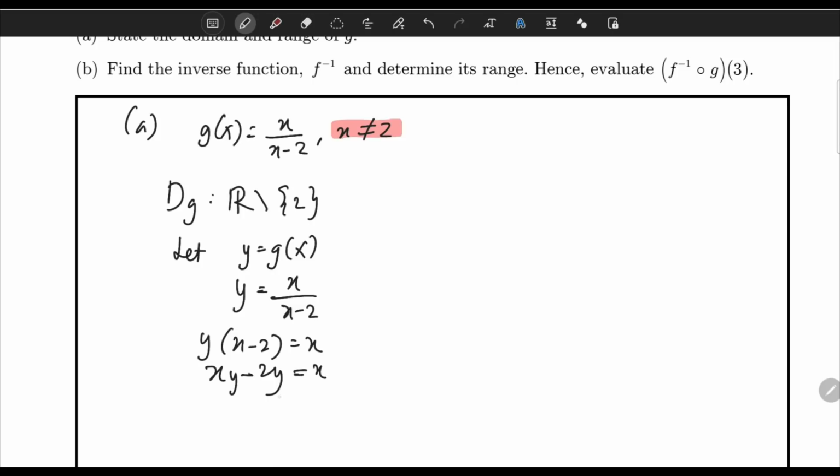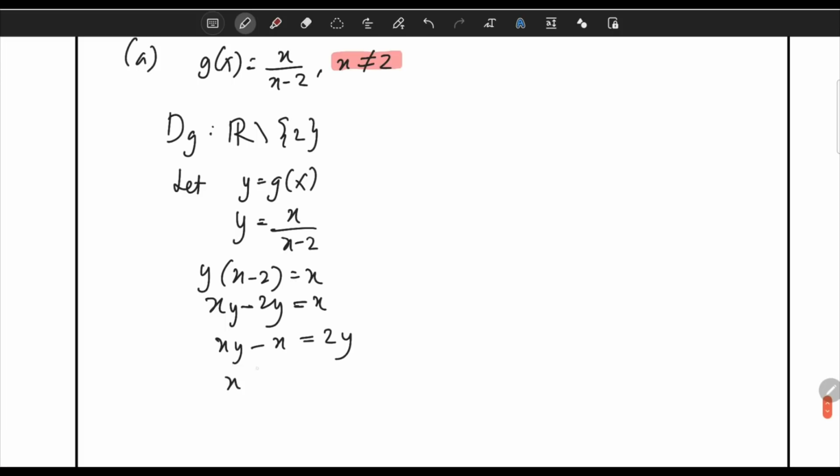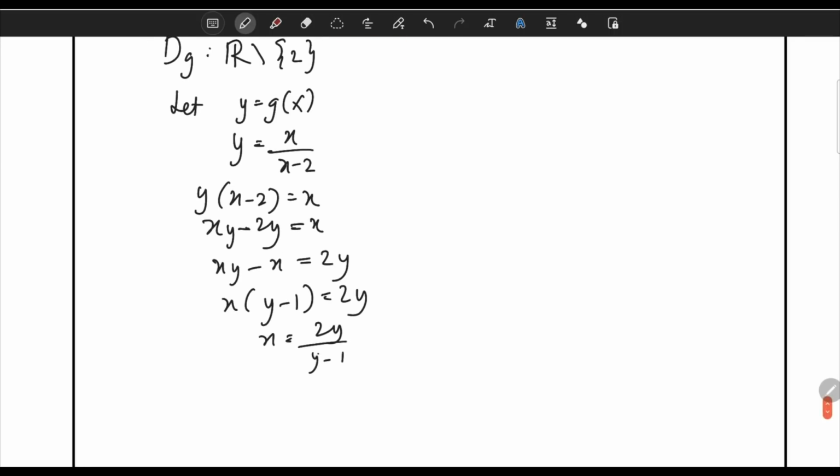So that will be xy minus x equals 2y. Factorize your x, so x(y minus 1) equals 2y. So x will be 2y over y minus 1. For this case, y minus 1 cannot be 0, so y cannot be 1. So that is your range. So range of g will be real numbers except 1.